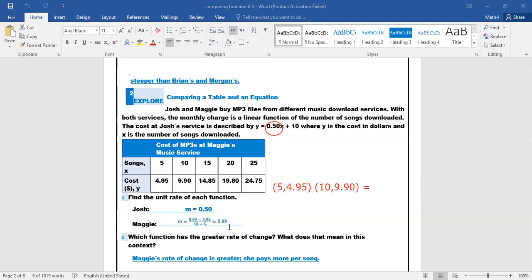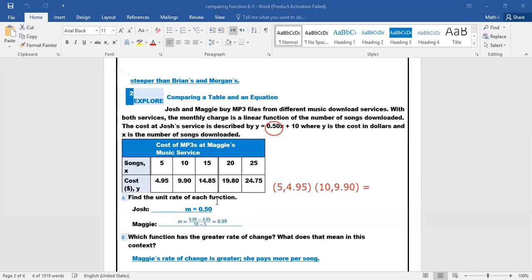Which means Maggie pays more per song. Josh is going to pay $0.50 for each song, because this represents the unit rate, and Maggie is going to pay $0.99 for each song.